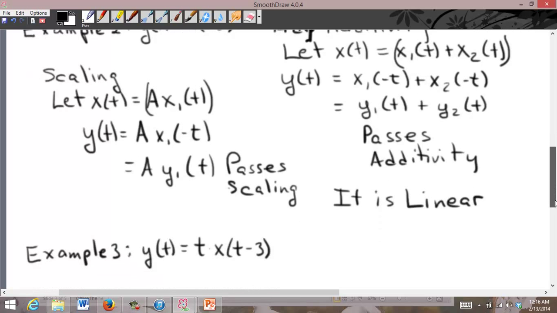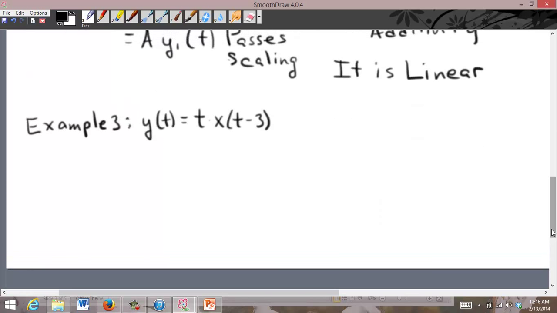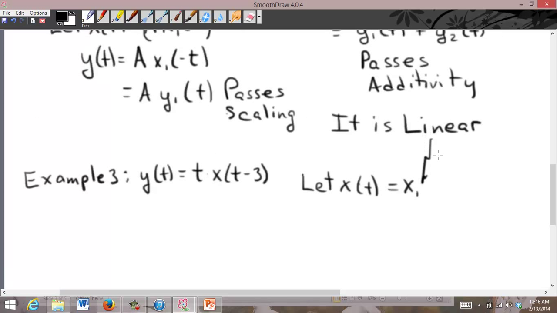Right. Now the last one, for additivity, I'm going to let x of t equal x1 of t plus x2 of t.